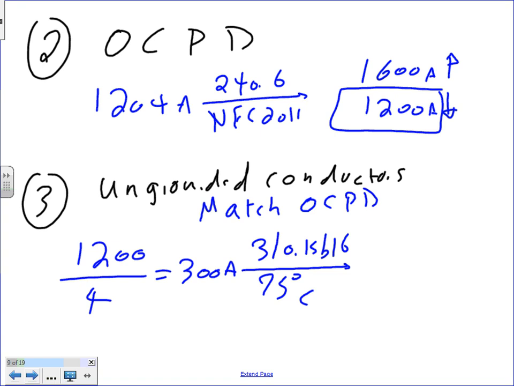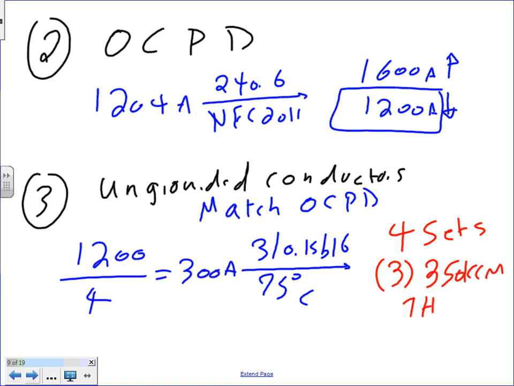You guys proved me wrong already. So how many sets am I going to have? I have 4 sets. Why 4? I decided, single-handedly, to parallel 4. You could have paralleled 3. 4 and 3 conductors. Each one of these conductors is 350 kcmil, and the insulation is THHN.